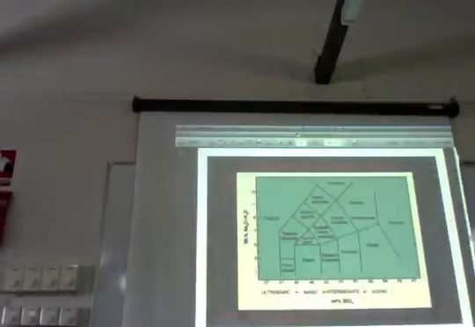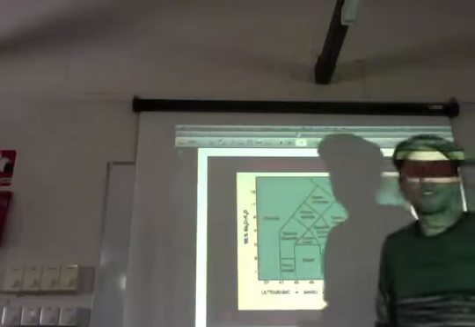These are silica-saturated igneous rocks, or volcanic rocks, or extrusives. So these are these diagrams.